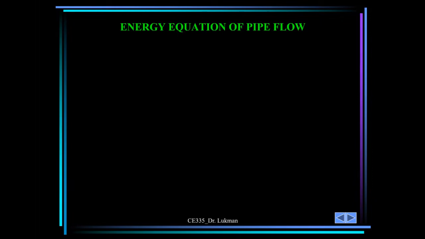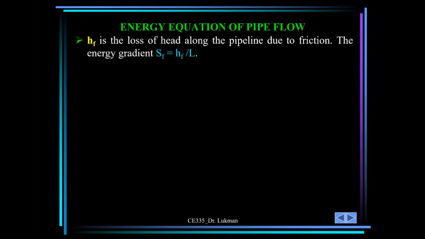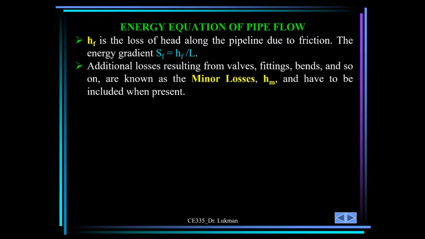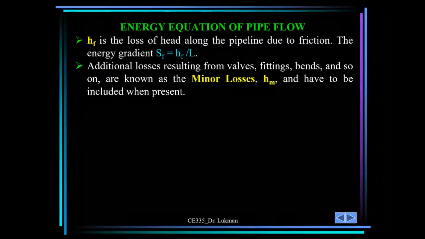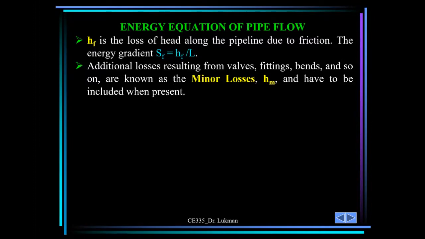Now, the energy equation of pipe flow. I already mentioned, HF is the loss of head along the pipeline due to friction, and the energy gradient is SF equals HF over L, which is the head loss per unit length of the pipe. Like I mentioned earlier, we have additional losses resulting from valves, fittings, bends, and so on.